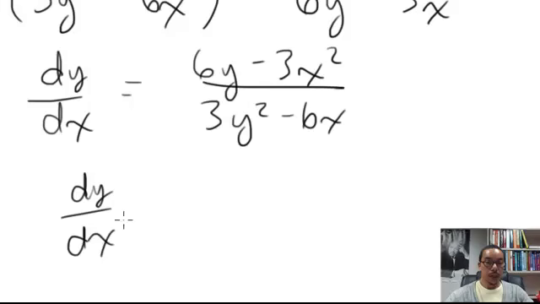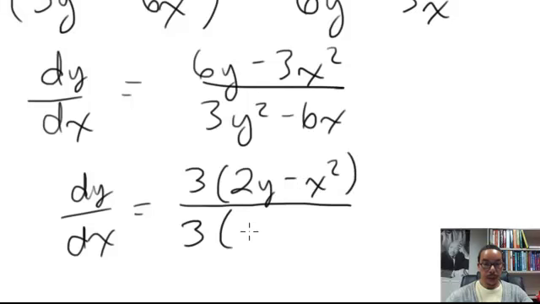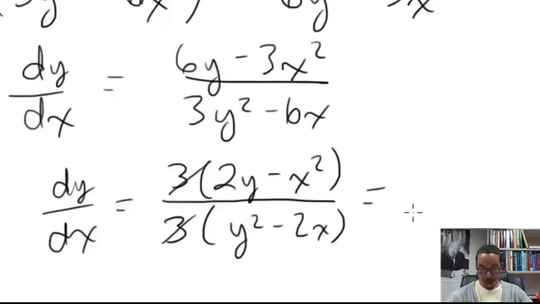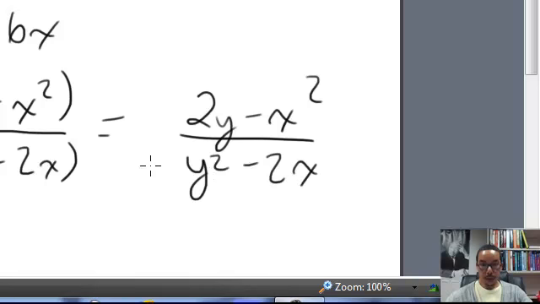Alright, dy dx is equal to, we just do a little bit of factoring by GCF here. Looks like 3 is the GCF for the numerator and denominator. So it looks like we have 2y minus x squared, and down here we have y squared minus 2x. The 3's cancel out, and we're left with 2y minus x squared over y squared minus 2x.